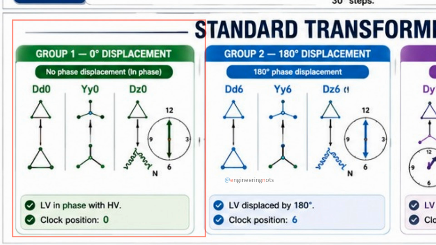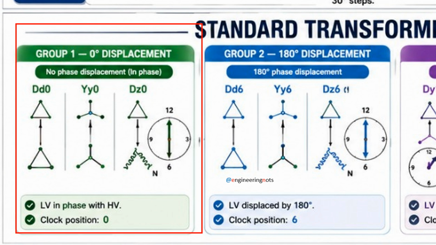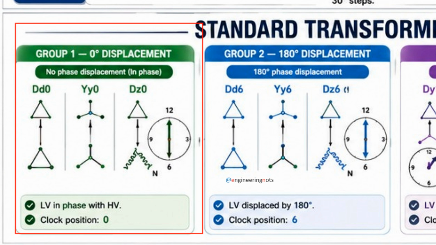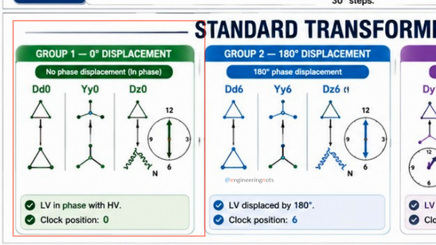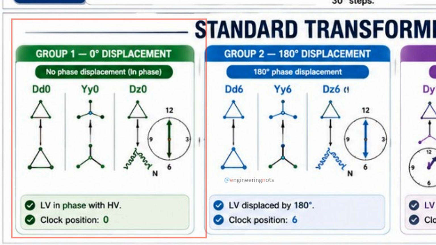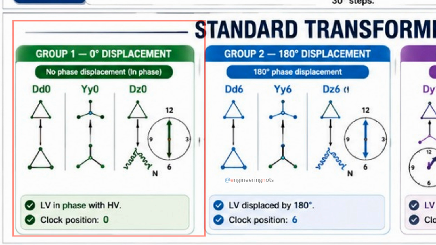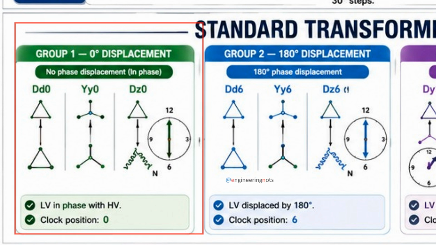Now let's look at the first vector group. These transformers have 0-degree phase displacement. That means the high voltage side and the low voltage side are perfectly in phase. Their voltage waveforms rise and fall at exactly the same time.